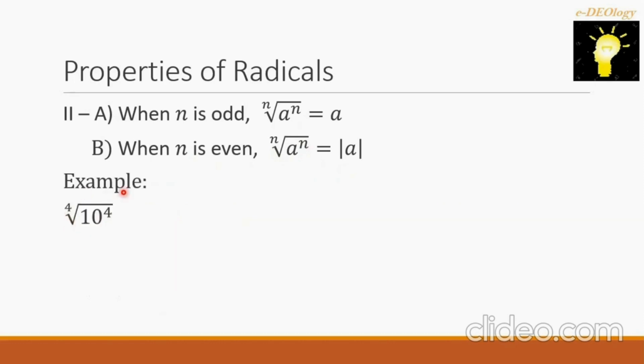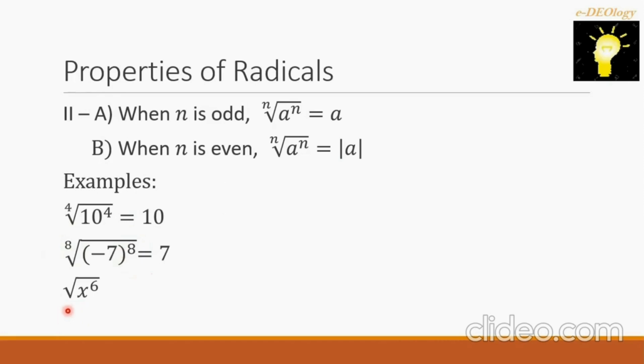Example, the 4th root of 10 raised to 4. So this is equal to 10. Another example, in here our index is 8 and it is even, and our radicand is raised to 8 power. In here our answer is 7, positive.